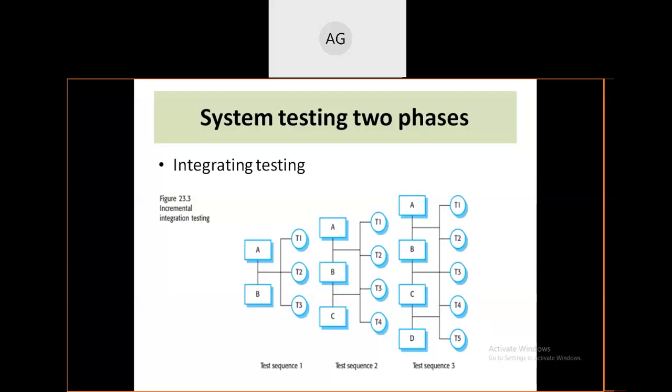A takes the minimal coverage T1 and T2, B takes T2 and T3, and then we integrate C with T3 and T4. If any problem arises from T4 source code, it will automatically find the defect across T1, T2, T3, T4, and after detecting the errors, it will repair all the sets.